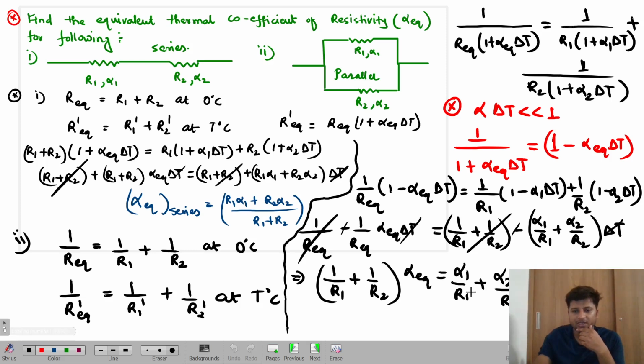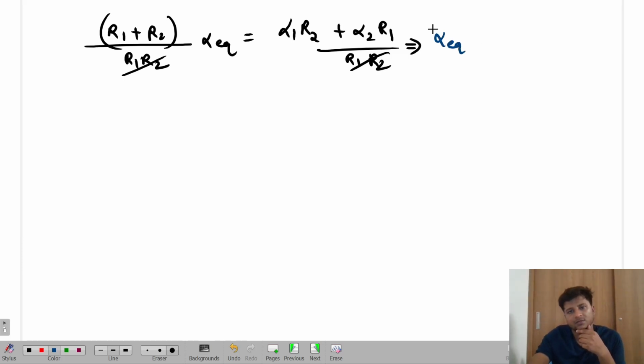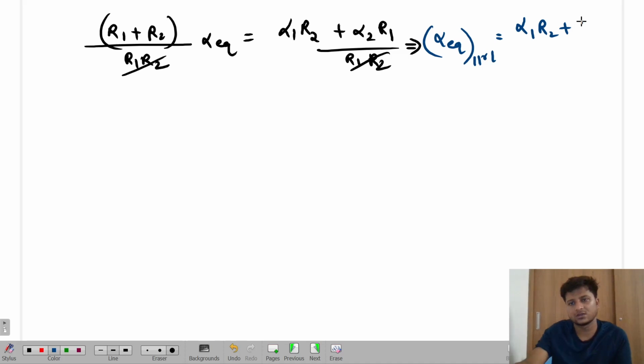If I take the LCM over here, it will be alpha 1 R2 plus alpha 2 R1 over R1 R2. So this also got cancelled, and this implies that alpha equivalent in my parallel connection is alpha 1 R2 plus alpha 2 R1 divided by R1 plus R2.